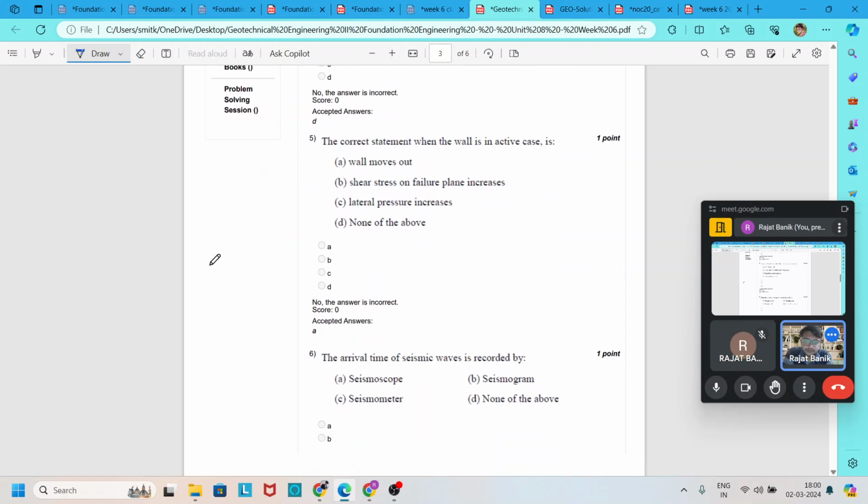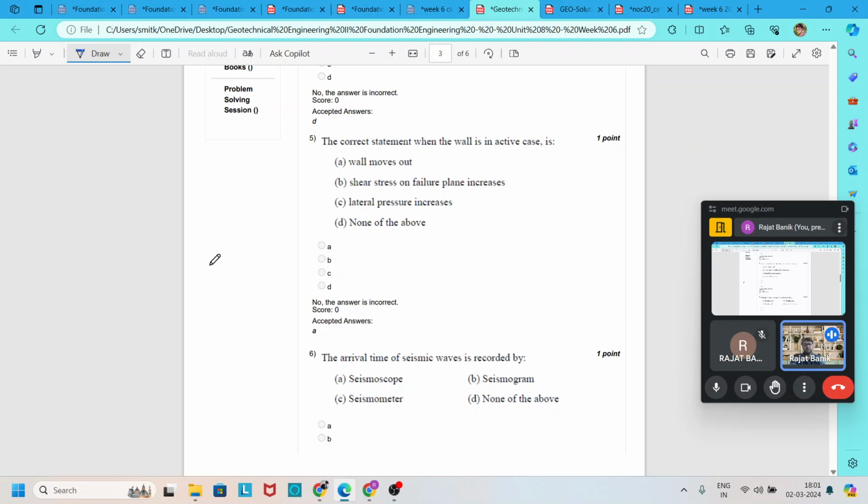Then question number 5 asks for the correct statement when the wall is in active state. The wall moves out, so this is correct. If you remember the active versus passive differentiation, shear stress on the failure plane is decreased in the active case and increased in the passive case.